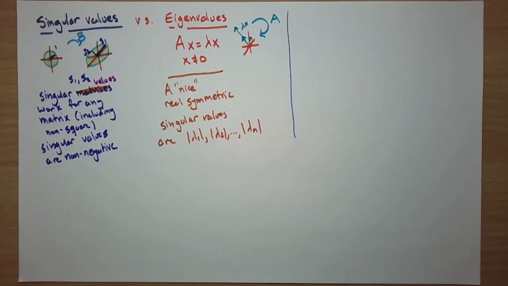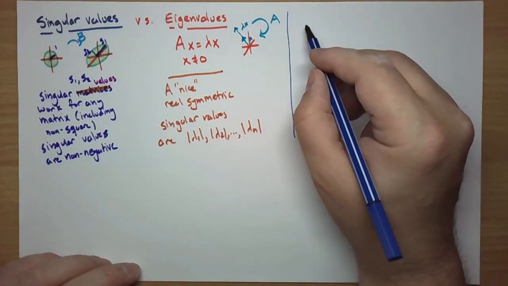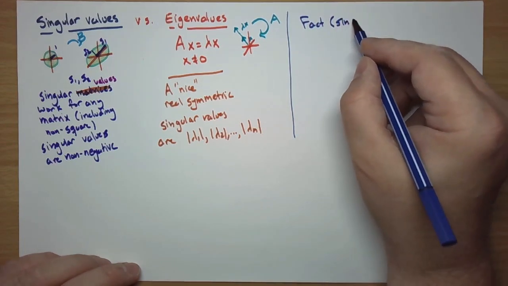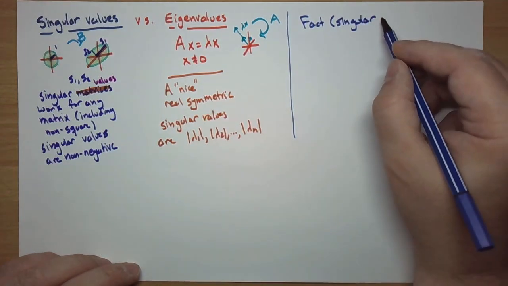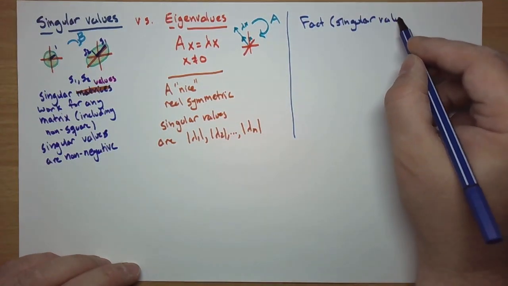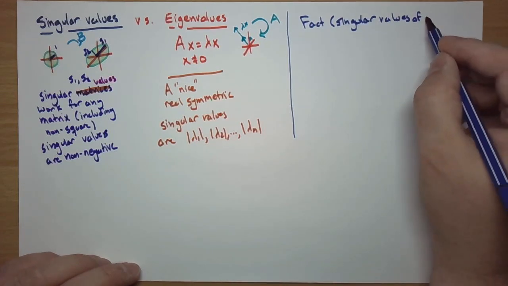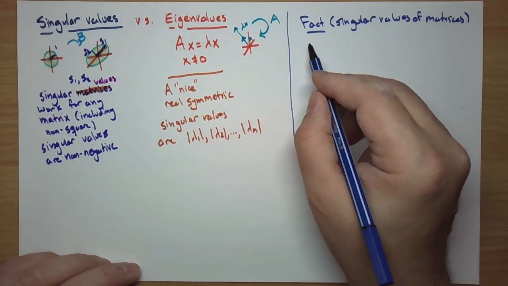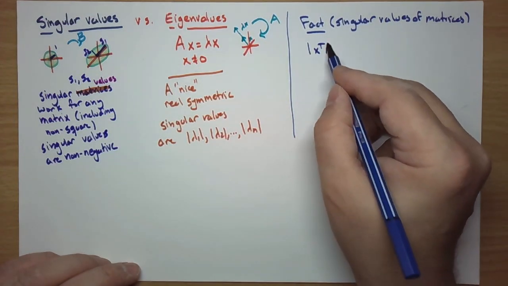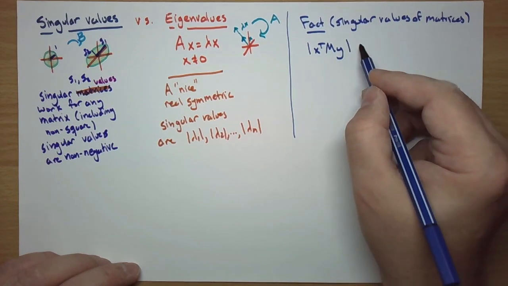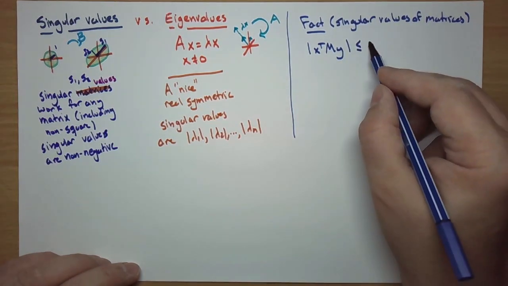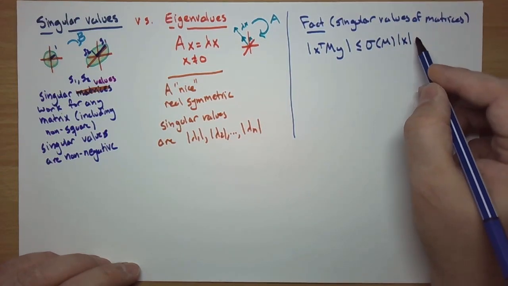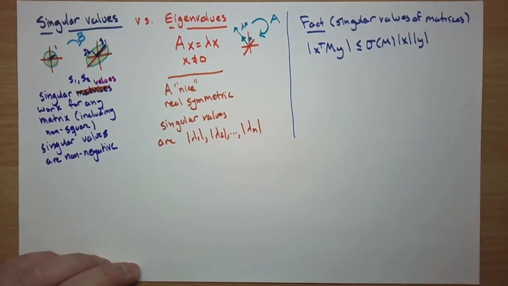So here is a fact. This is a linear algebra fact, and so we're just going to inherit it. It's about singular values of matrices, and it says the following: if I look at x transpose M y, then that's less than or equal to sigma_m times the norm of x times the norm of y.